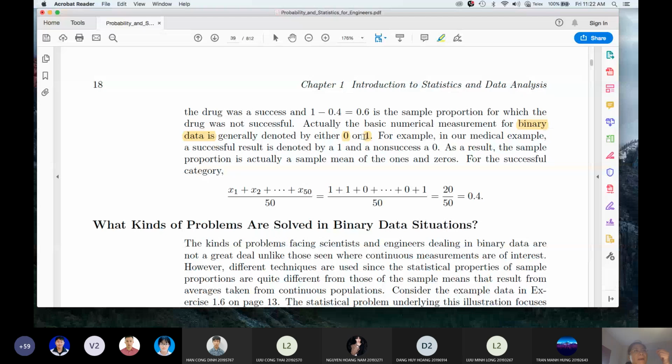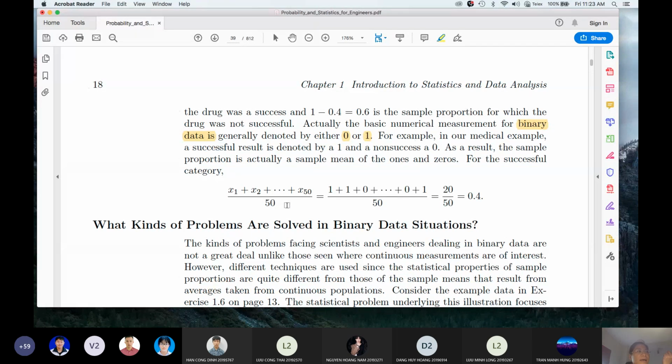If a student passes this course, we count it as 1, considering one student. If he doesn't pass this course, it receives the value 0. Now we want to find the sample proportion, so we sum all the xi here.